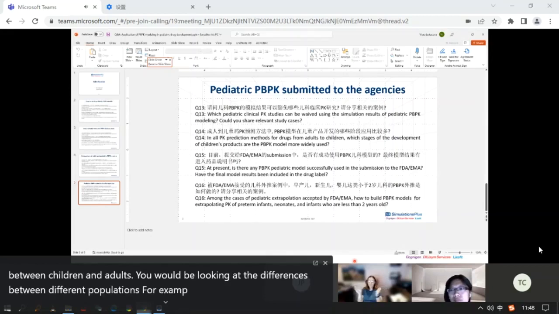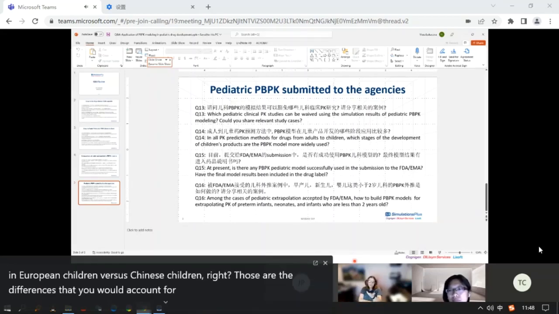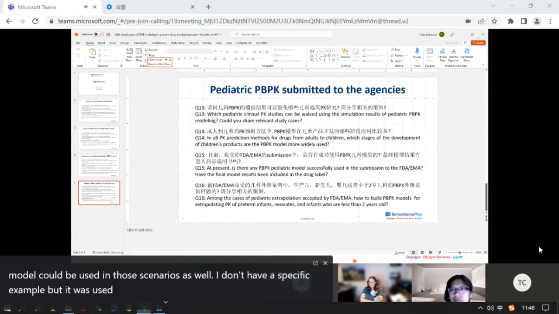For example, is the 3A4 different in European children versus Chinese children? Those are the differences that you would account for. The PBPK model could be used in those scenarios as well. I don't have a specific example where it was used, but in principle, there shouldn't be any difference than going from adults to children.